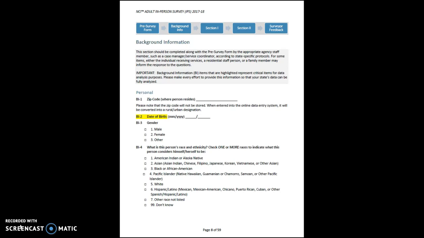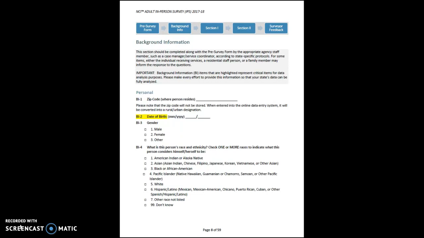I also want to note that we'll see a number of questions throughout the section, like question BI2, date of birth, that are highlighted in yellow. That means that this information is used for risk adjustment in our analysis, essentially meaning that when we see differences from a state compared to the national average, those differences are not due to differences in the characteristic makeup of the sample, but by something that's happening in the state.